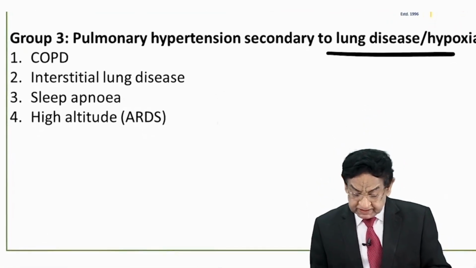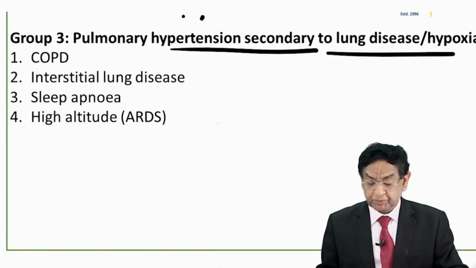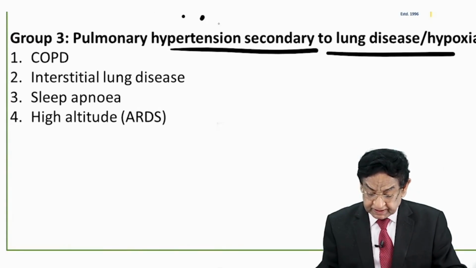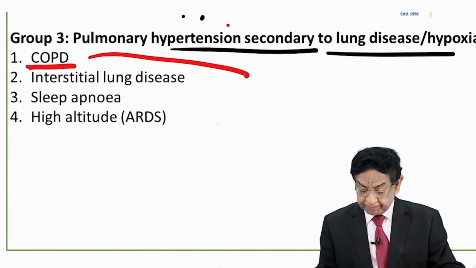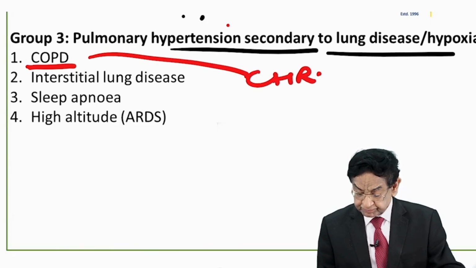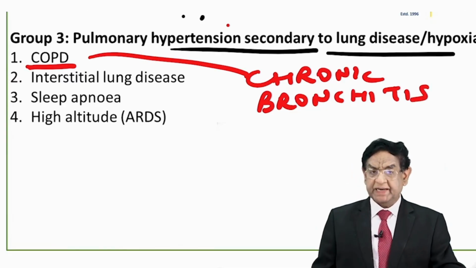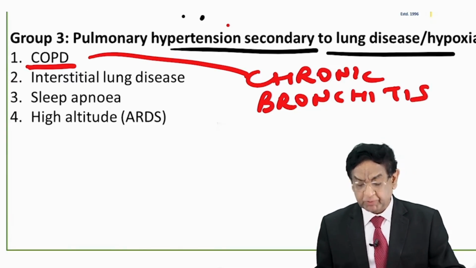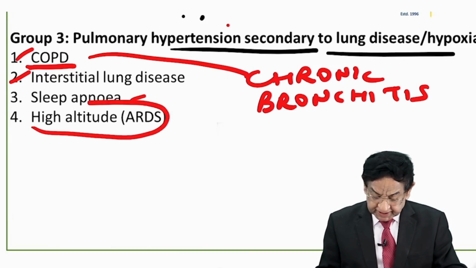Secondary to lung diseases can lead to PAH, and COPD, especially chronic bronchitis. It is less common in emphysema, but more in chronic bronchitis. Interstitial lung disease, sleep apnea, and ARDS, high altitude.